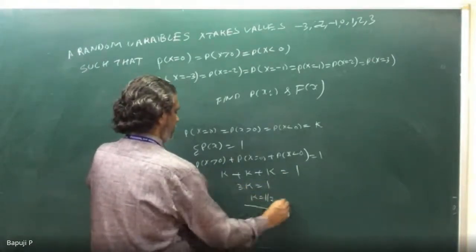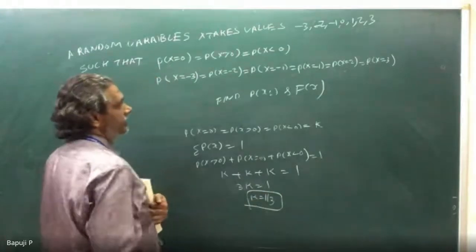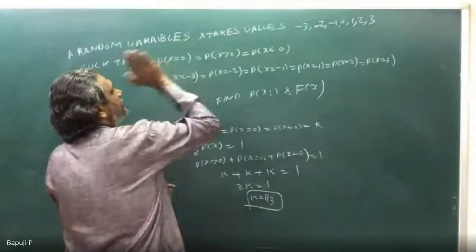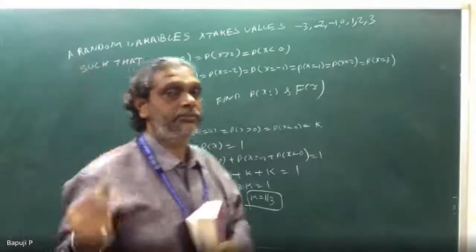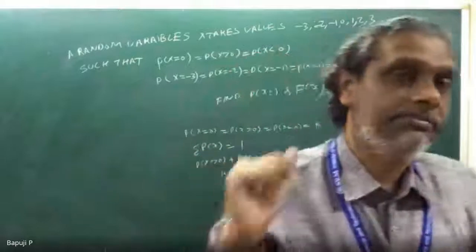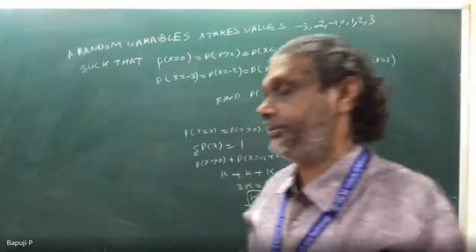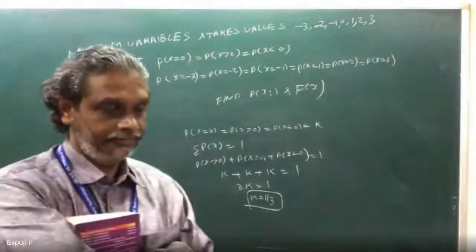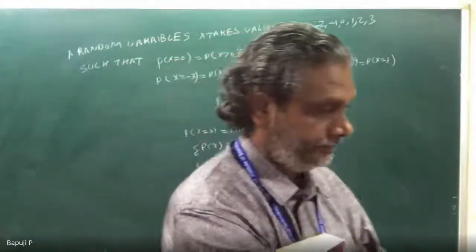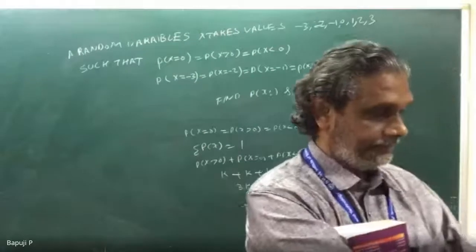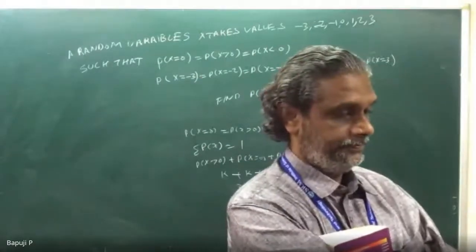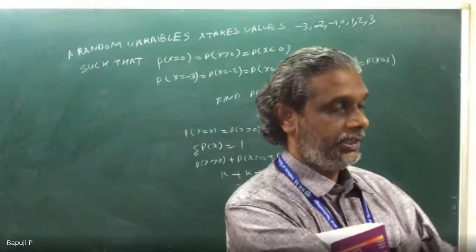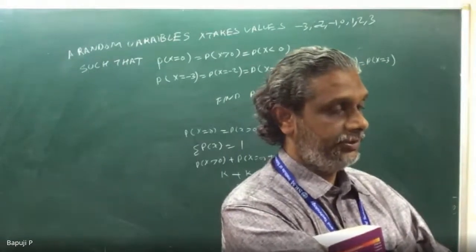Okay, half of the problem I have reached. This is 1 by 3, this is 1 by 3, this is 1 by 3. Then x is equal to 1, 2, 3. How can you say x is equal to -1, -2, -3? Come on, it is there in front of your eyes.